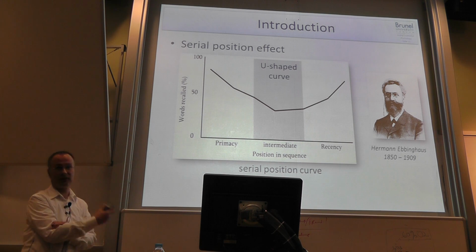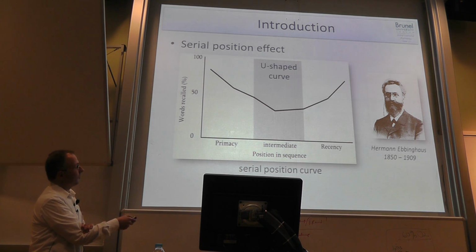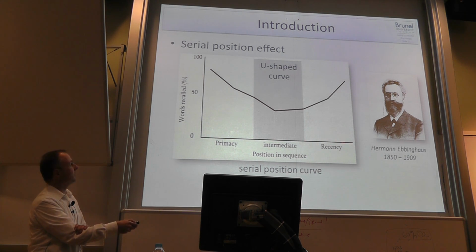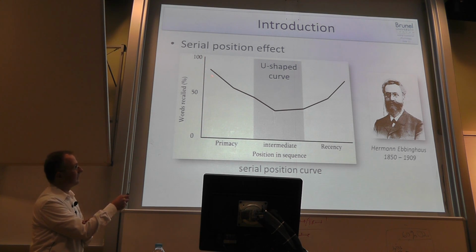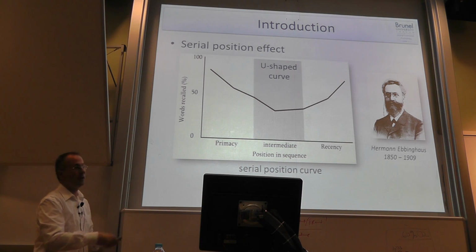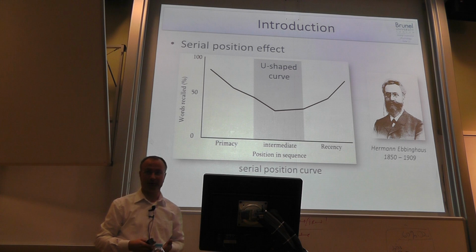And this is one of his findings. So the position in the sequence, so these are the first words, these are the intermediate words, and these are the latest words. And then how good is the relative recall in percent here? Then you see that you usually get such a type of U-shaped curve, which is called the serial position curve.